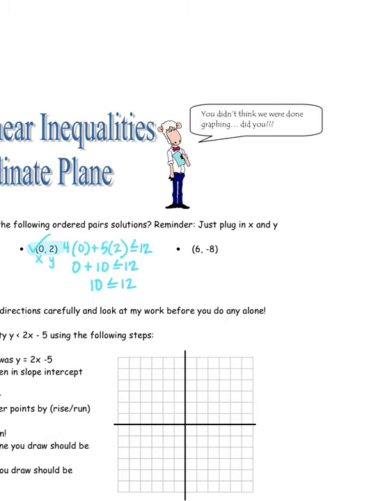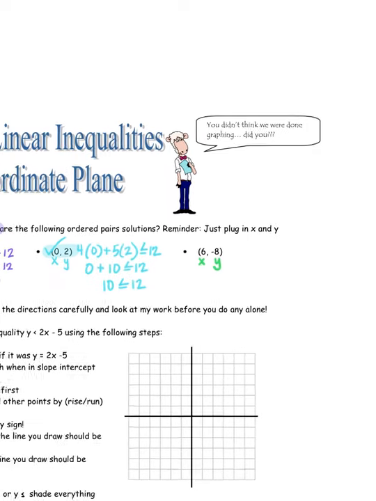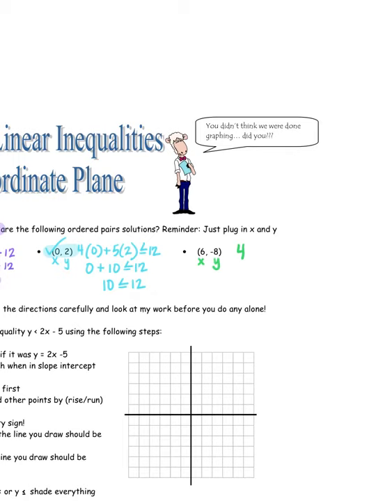Okay, let's do one more. 6 and negative 8. So we have x and y, and we have 4 times 6 plus 5 times negative 8 is less than or equal to 12. 4 times 6 is 24, minus 5 times negative 8 is negative 40, is less than or equal to 12.